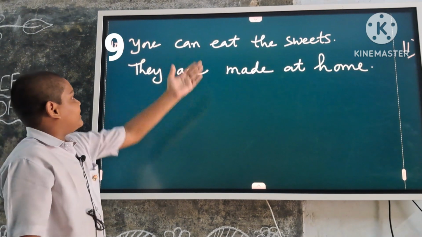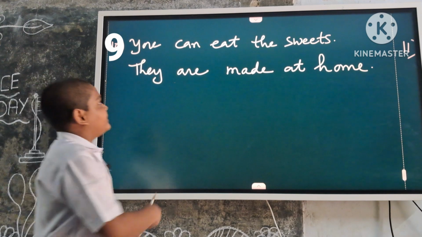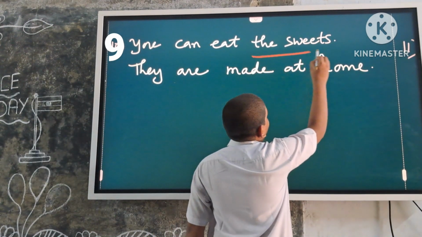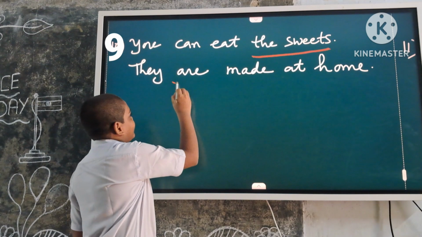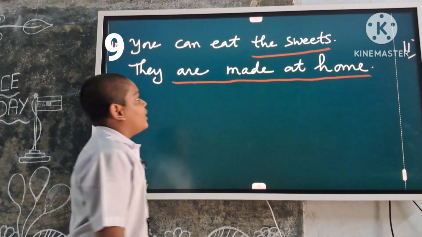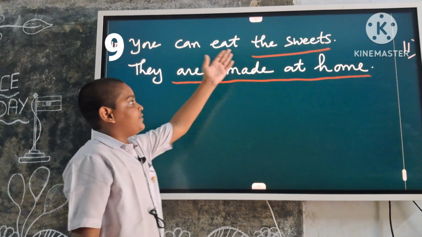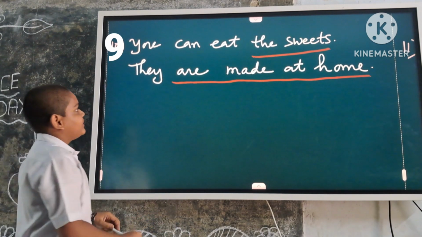You can eat the sweets, they are made at home. Here the noun phrase is the sweets. The noun modifier is are made at home. Now join this noun phrase with this modifier. We get a new bigger noun phrase.